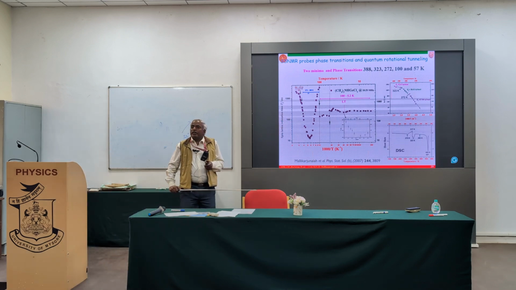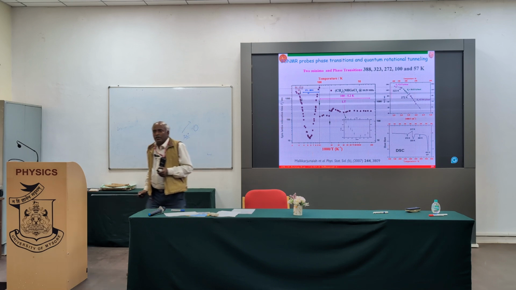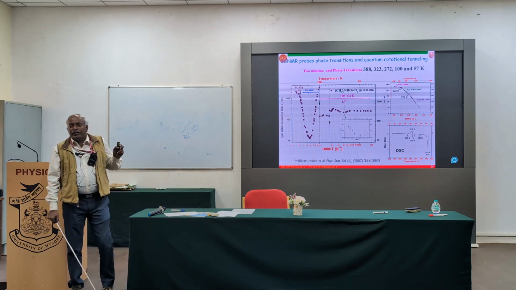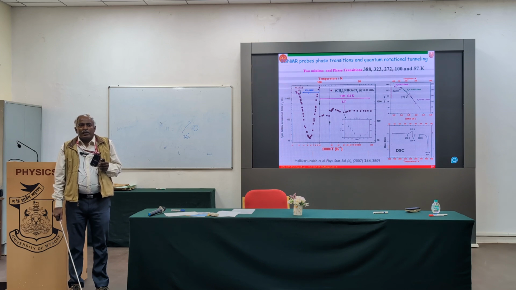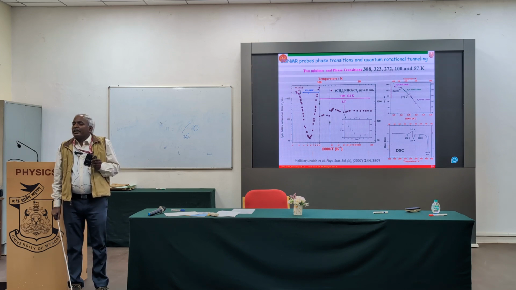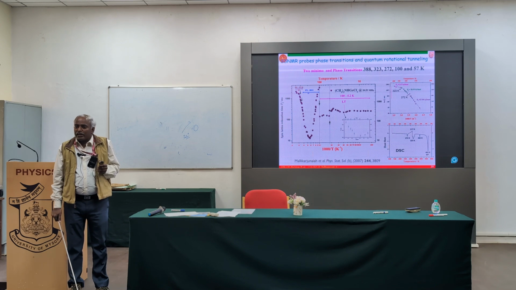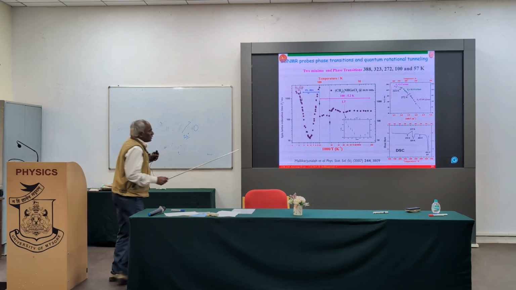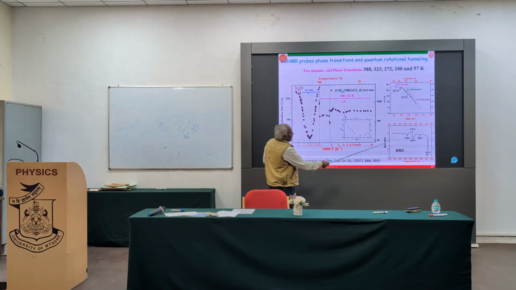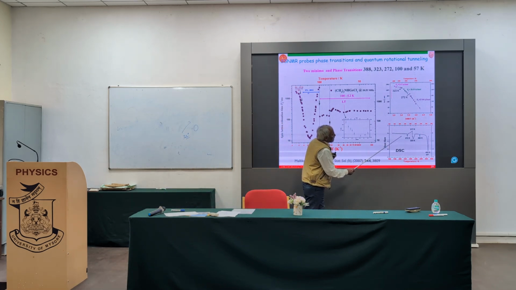To cross-verify whether that phase transition is happening in the system or not, we use DSC. Have you heard of that? Differential scanning calorimetry. That is another study. What you do is keep sending heat energy to the system, and when we change the temperature, you can see small variations in the peaks.